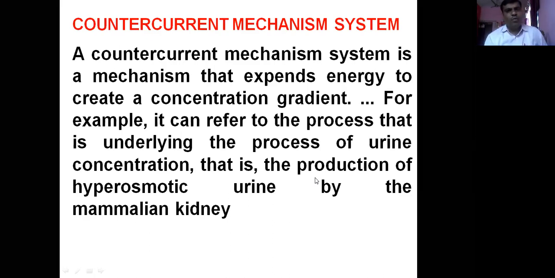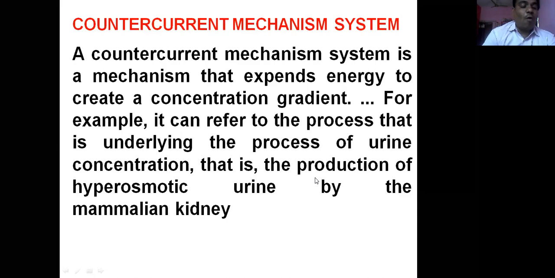This countercurrent mechanism is also called the hairpin countercurrent multiplier theory. This theory was proposed by the scientists Wirtz in 1951 and Bray in 1960. They explain the formation of concentrated urine.